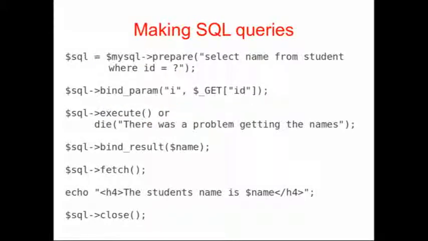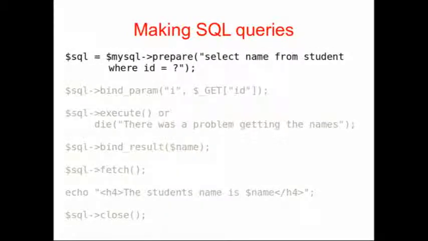And so here's some PHP that we can use to make SQL queries. We start with our select statement from our database, and we call the mySQL variable that's in our secret file that nobody else can read, and we pass in a prepare statement, select name from student where ID equals question mark.